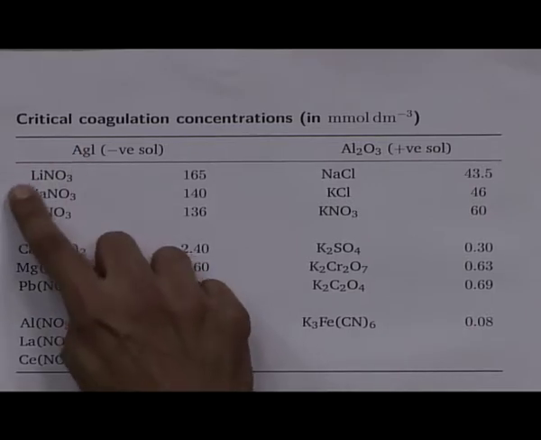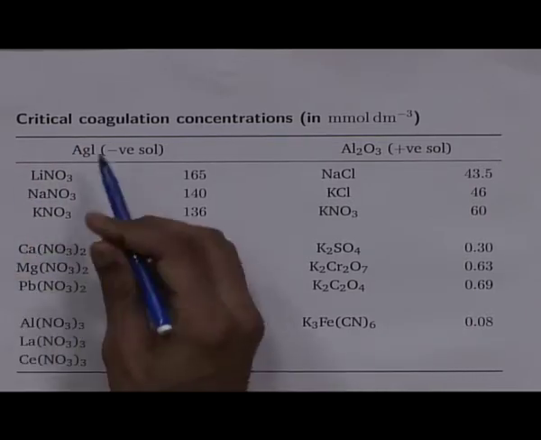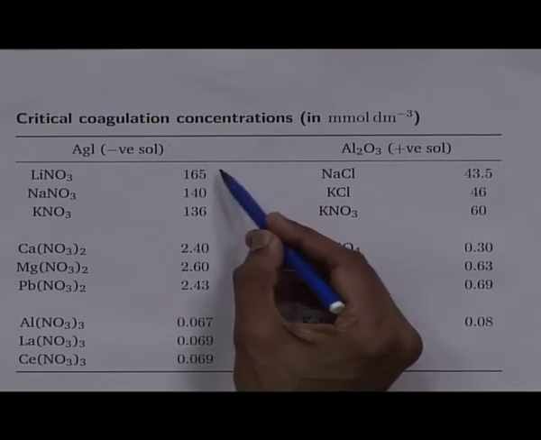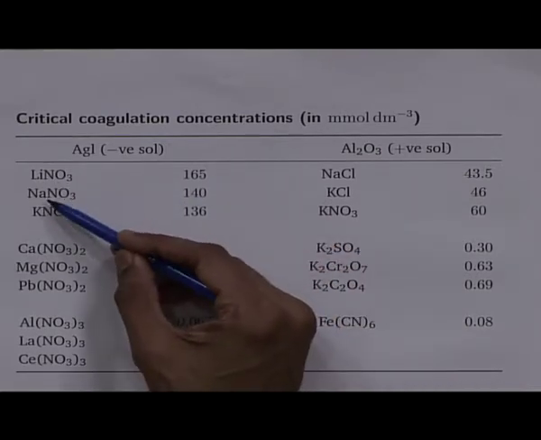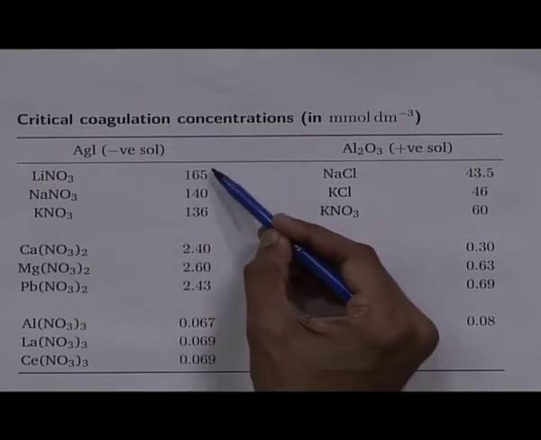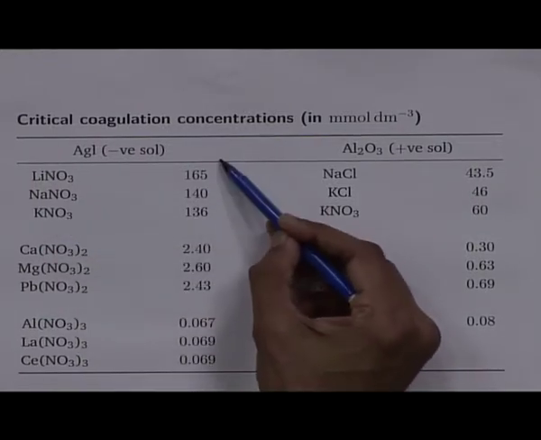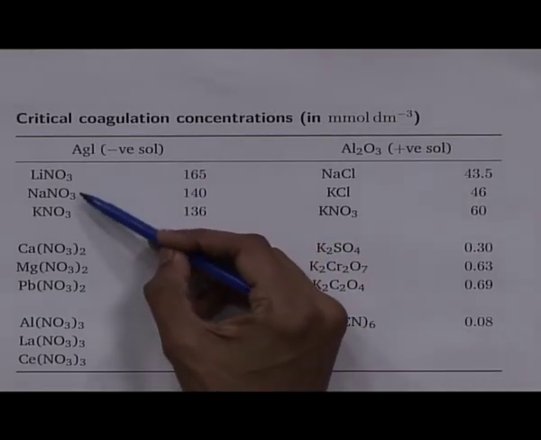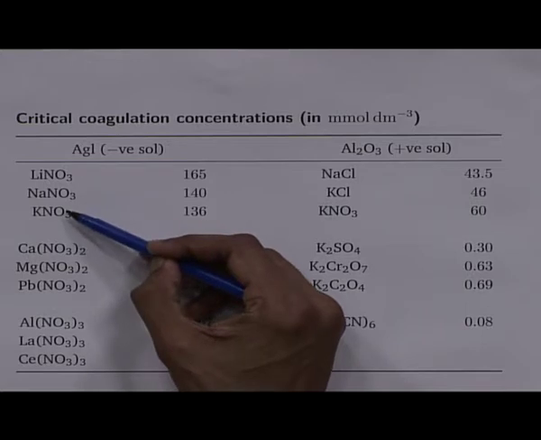Within this, you will notice in each of these cases that there is not much difference. Whether it is lithium, sodium or potassium, it is hardly any difference. No worthwhile difference is seen with changing of the positive ion here.